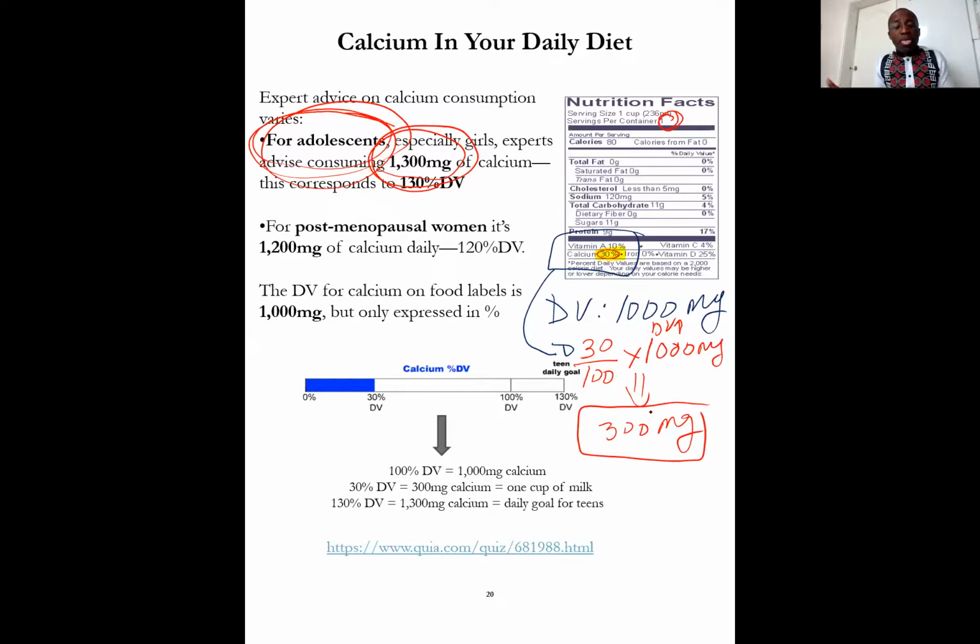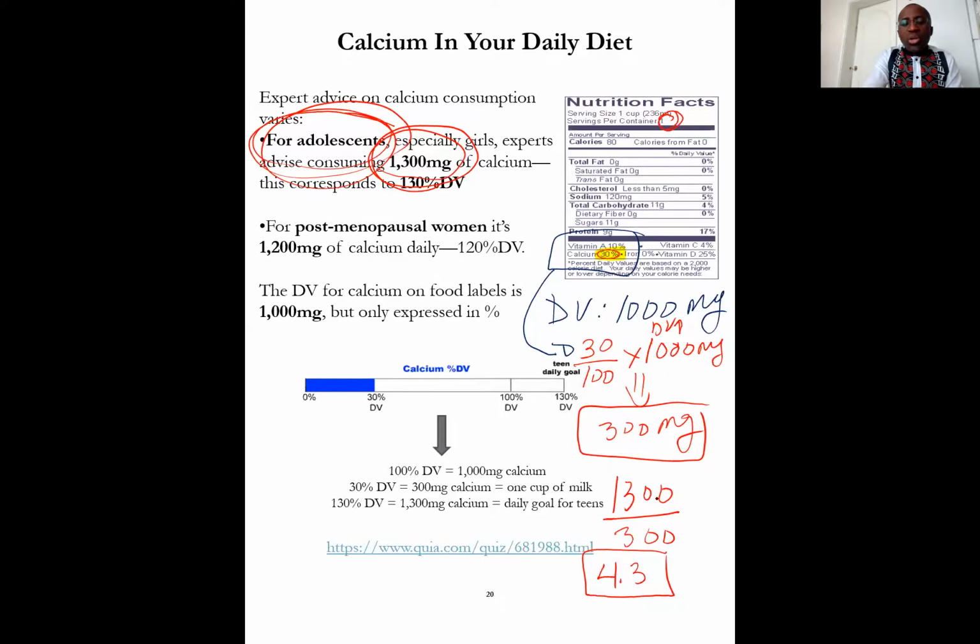It's a problem. So if he has to eat only this food, how much does he need? You will need 1,300 milligrams divided by 300. You can do the math with me here. So 1,300 divided by 300, we said 4.3.